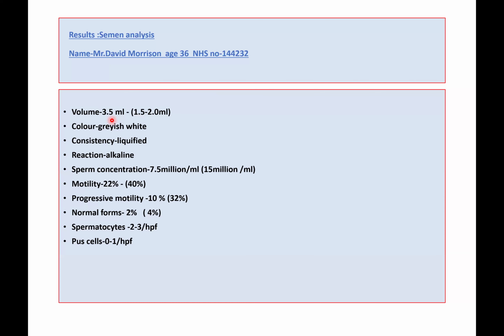Oh, yes, I was told that the sperm count was less. Yes, I know that. The second sample we have checked also shows the same. The sperm count is less than what we expect to be normal, and the motility of the sperm is also less. The sperms are weak, and the normal forms are also less. I'm very sorry to give you this information.